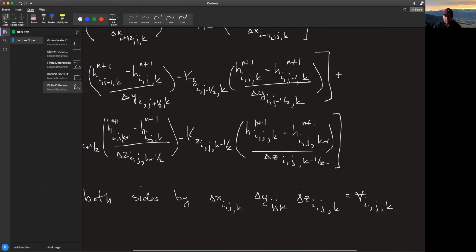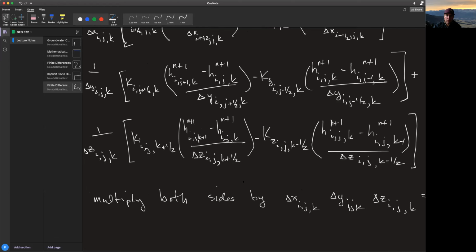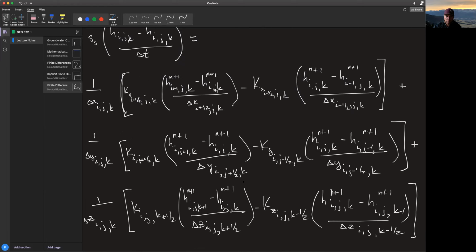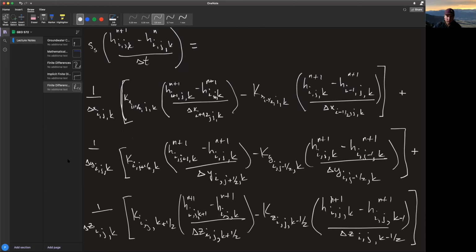All right, so if I multiply both sides by that, what I'm going to end up with is a new set of terms. Each one of these is going to now become an area, and that area is going to be the face of the cell normal to a given direction. So if I multiply this by delta x, delta y, delta z, the delta z's will cancel, and I'll have a face delta x by delta y, all right?